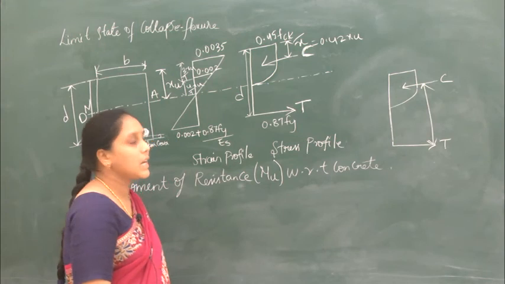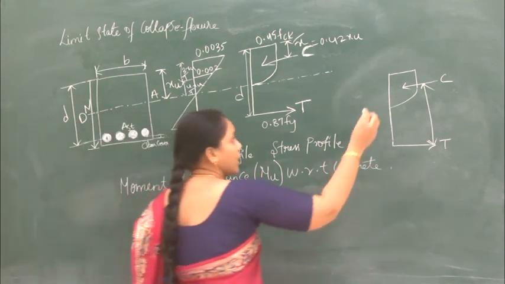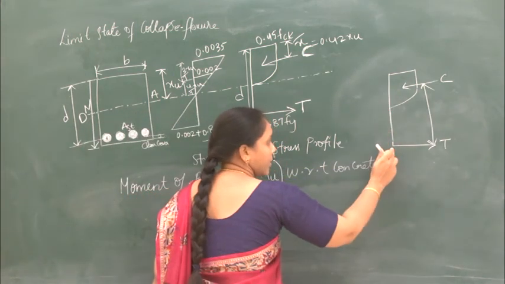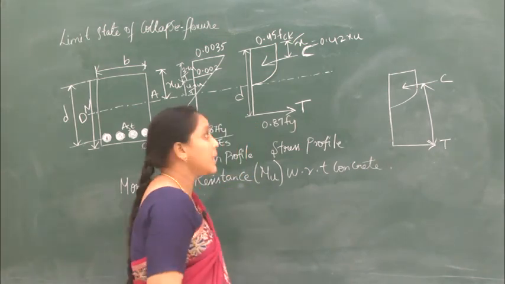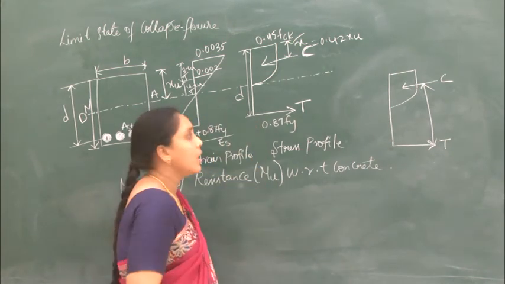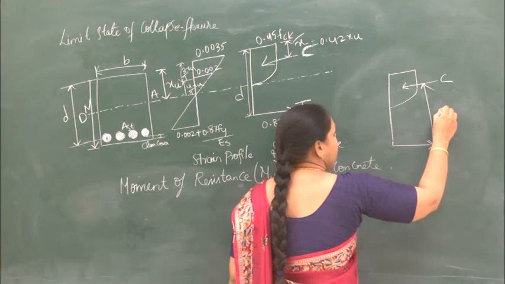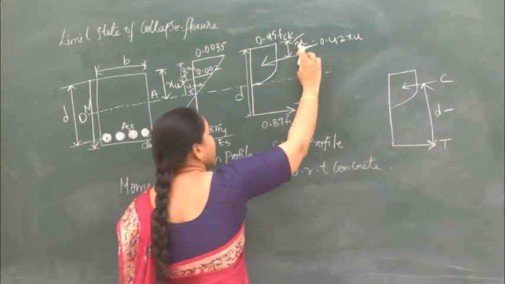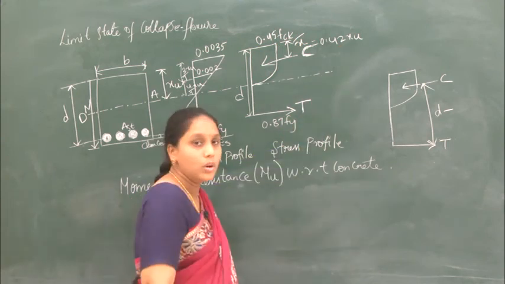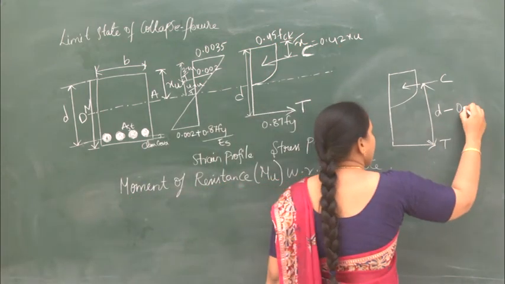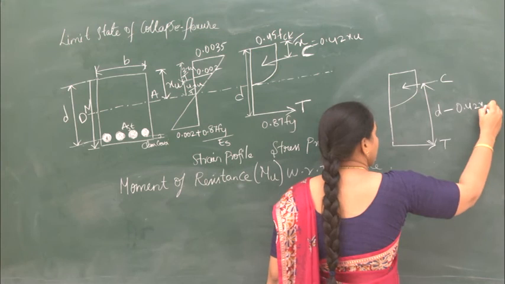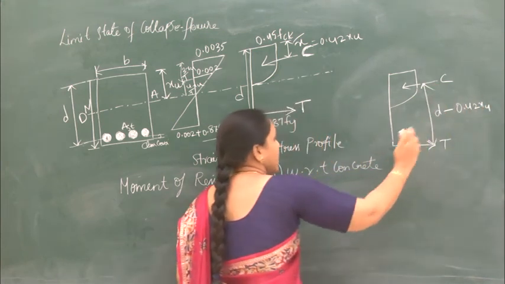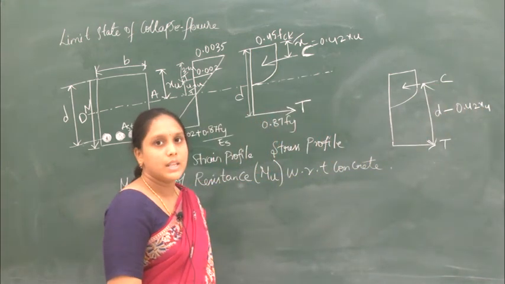How will we calculate the perpendicular distance? What is the distance from the topmost compression fiber to the tensile reinforcement? It is D, minus this distance. What is this distance we have calculated? 0.42 XU. So D minus 0.42 XU is the distance between the compressive force and the tensile force.